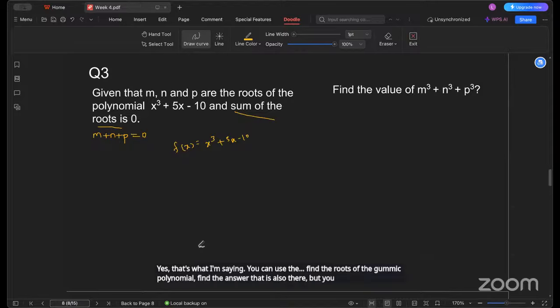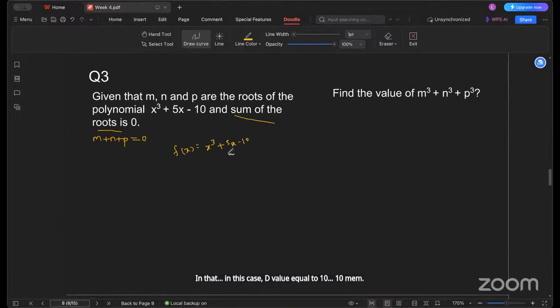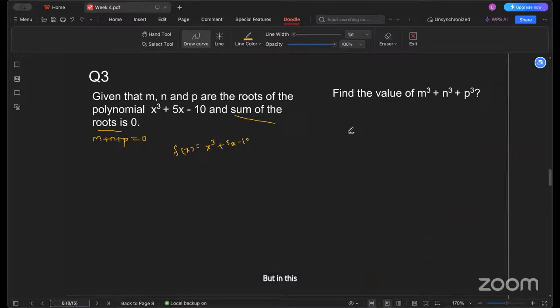But if we don't use that, it will give the same answer, ma'am. Yes, it definitely gives the same answer. In this case, d value is equal to 10, ma'am. Yes, 10 by a means 10 by 1. We use m cube plus n cube plus p cube equal to 10 only, ma'am. But in this, we got the answer as 30.